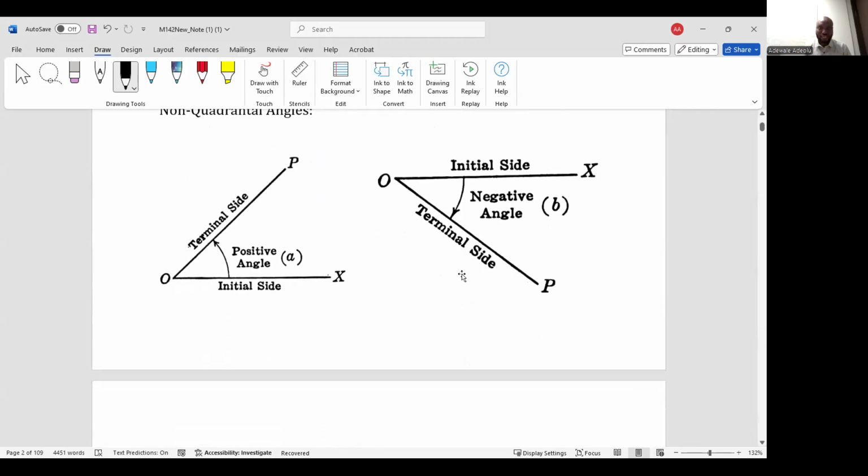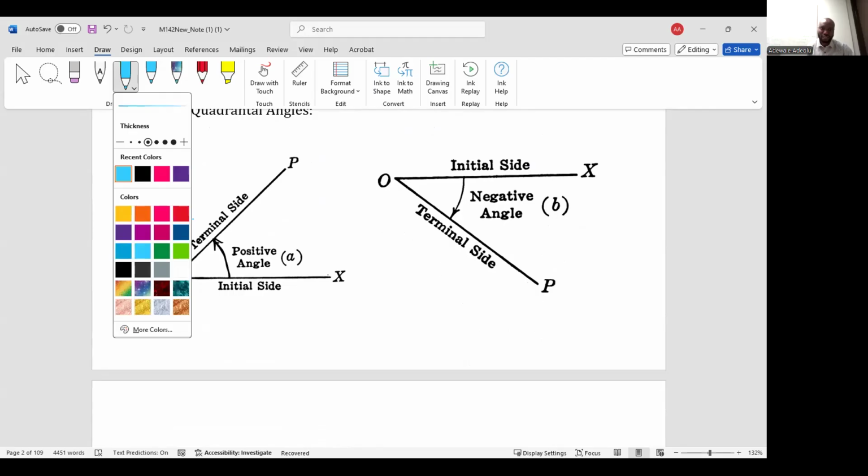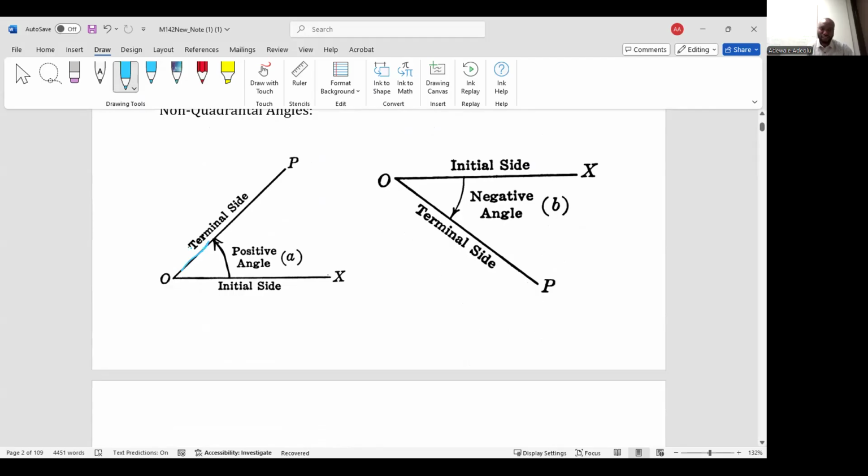Okay, angles that are also not in quadrant form, for example, this. So we start on the initial side and we go this way. This is the terminal side, right? And you will notice that in our angle we're going in a counterclockwise direction.